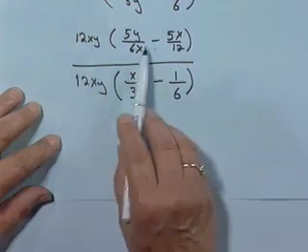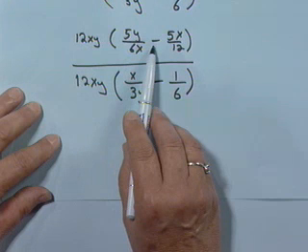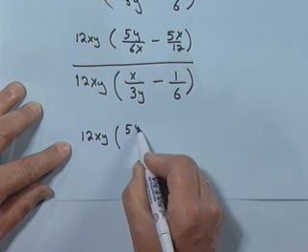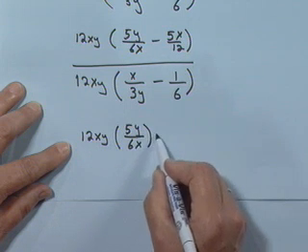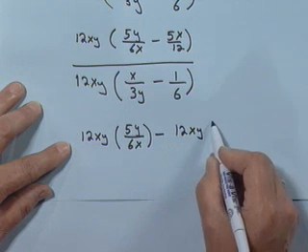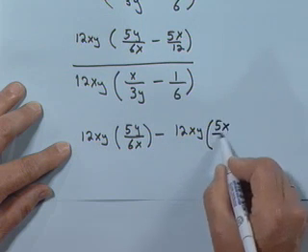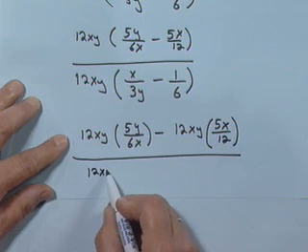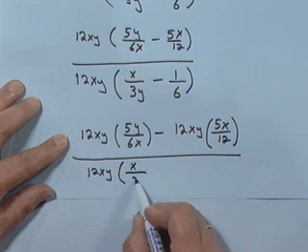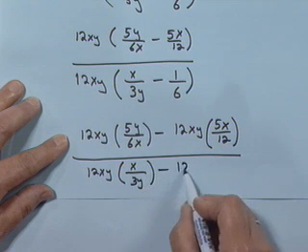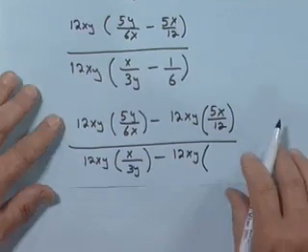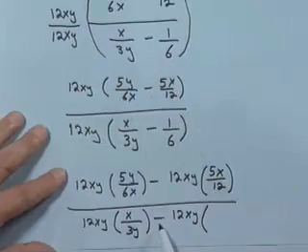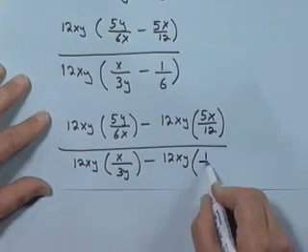In multiplying the 12xy by the numerator, I'm going to multiply 12xy times the quantity 5y over 6x minus 12xy times the quantity 5x over 12. And I'm going to be dividing by 12xy multiplied by the first term in the denominator and 12xy by the second term in the denominator. And remember that the second term had a negative right here, so this sign is going to be negative. 12xy times 1 over 6.